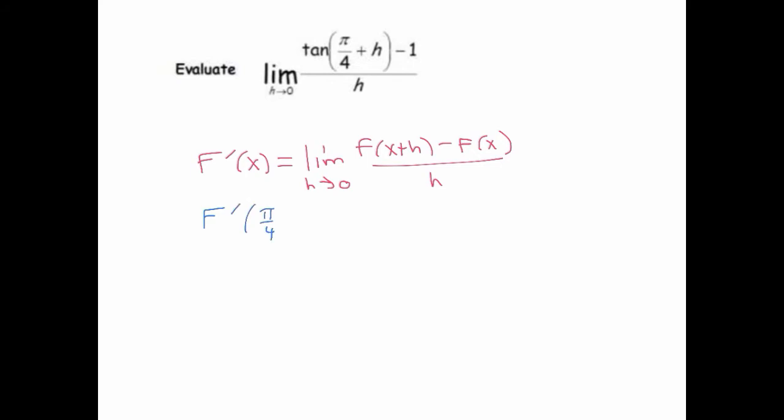Remember that the definition of the derivative is this. It looks like we don't have an x in here, but we have an actual value of pi over 4. So this is actually saying, what's the derivative at pi over 4 for a certain function?